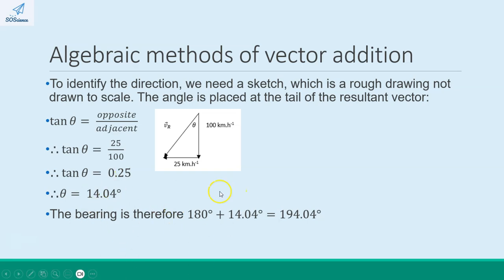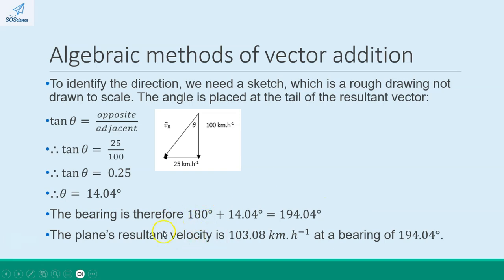So the bearing is 180 plus 14.04 degrees, which is 194.04 degrees. So the plane's resultant velocity is 103.08 kilometers per hour at a bearing of 194.04 degrees.